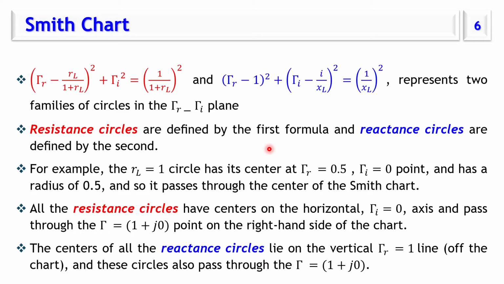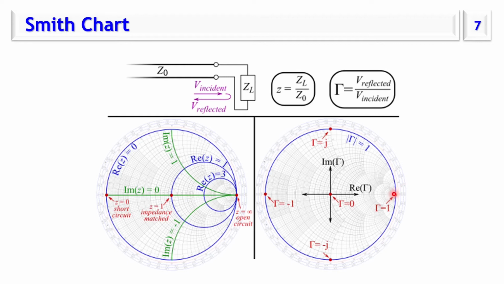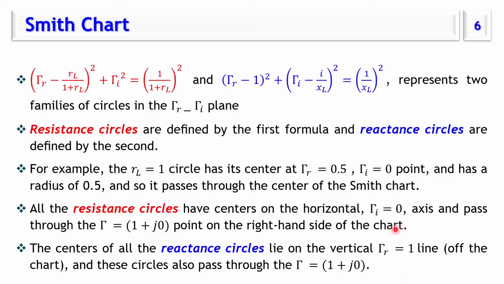If we go to the reactance part, we'll find that the center is at R equal 1. R equal 1 is this point. So all the circles for reactance have their centers on this line here, gamma R equal 1. And the other point is related to the imaginary part of the load impedance.